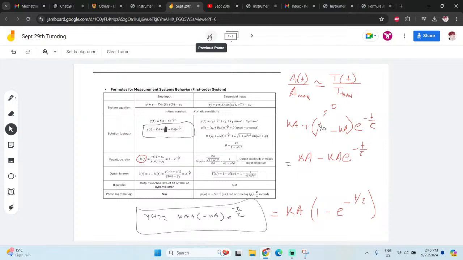So you can usually convert it that way. But the equation I wrote, I usually knew it before. For a first-order system, that's the one we used to calculate the times and those kinds of related stuff.